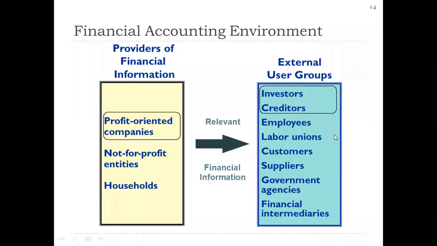So people who are outside the company, those include people like investors, people who invest money in a company, buy the stock of a company, creditors, people who lend money to entities, their employees, labor unions, customers of the company, suppliers, of course, government agencies like the IRS would be interested in the financial information of a company, etc. So these are outside of the company, they're external users.